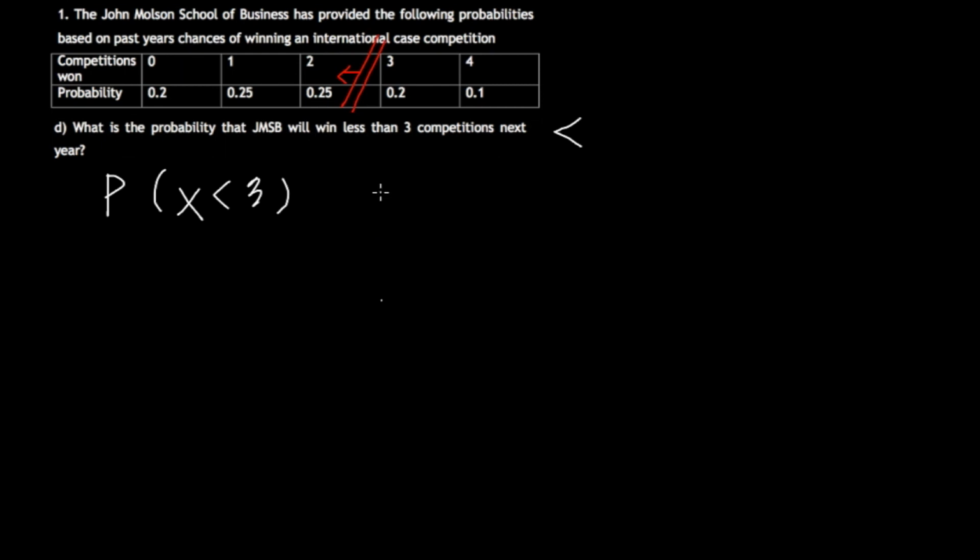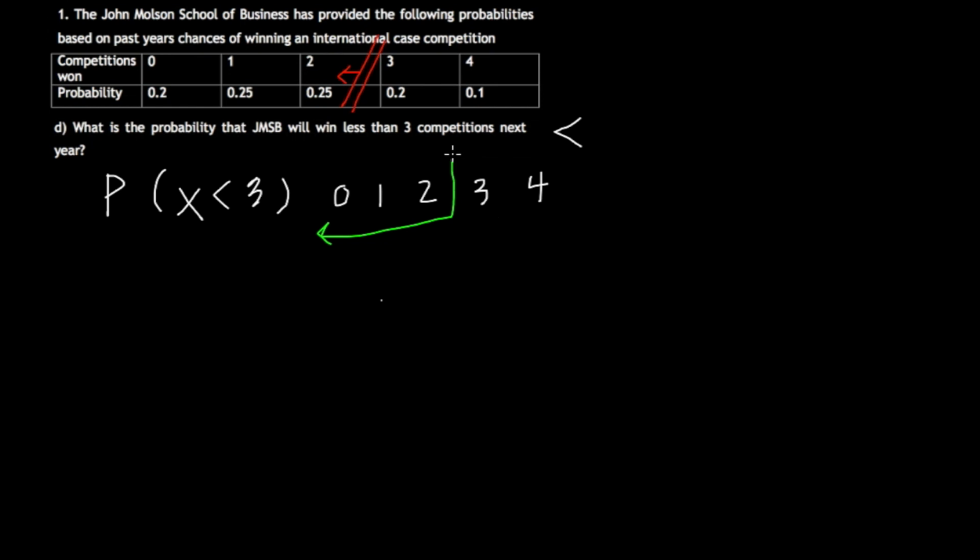So a different way to see this is, let me just rewrite my outcomes right here so I can show you. Okay? So these are my 5 outcomes, 0 to 4 competitions. Now, I am not including the 3. Okay? So one way to do this, a little trick I'd like to use for this chapter, because I want less than 3 and it does not include the 3, I'm going to start here from the 2 downward.